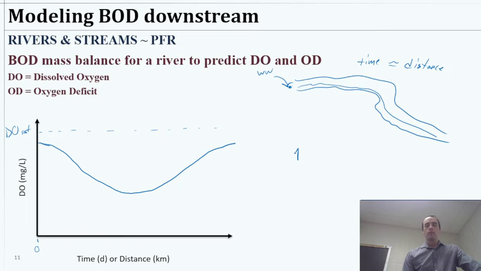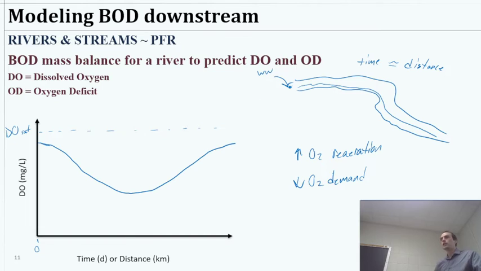We have a rate of O2 re-aeration. I think I spelled that wrong. And then we have O2 demand. And these will be competing and participating the whole way through. And as we'll see in a couple slides, the rate of re-aeration actually depends on how much dissolved oxygen deficit we have. So the more we lack, the more oxygen wants to get into the water from the atmosphere, which is quite helpful.